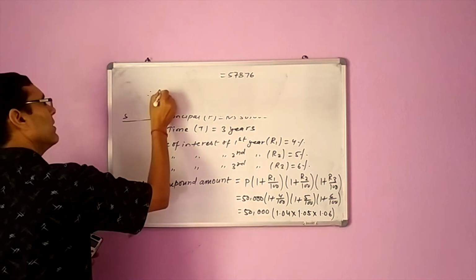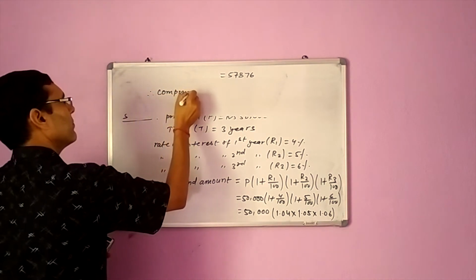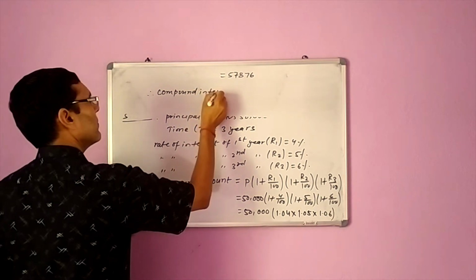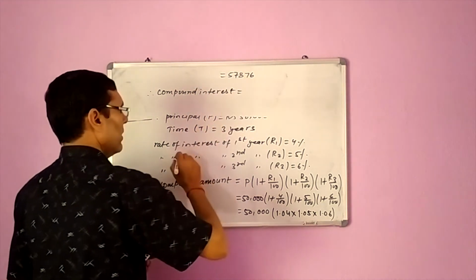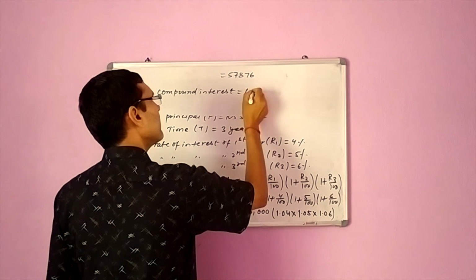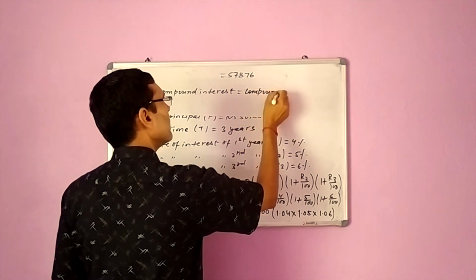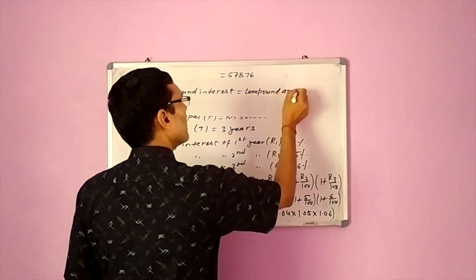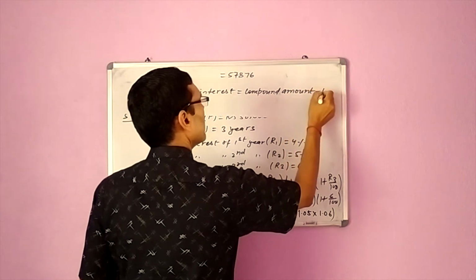Therefore, compound interest is given by compound amount minus principal.